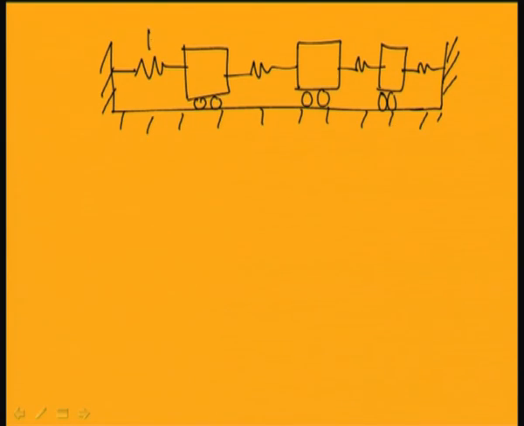Let the spring constants be the same, equal to K, and let the first mass be 2m and the other masses be m and m. Let us find the normal modes of this system.